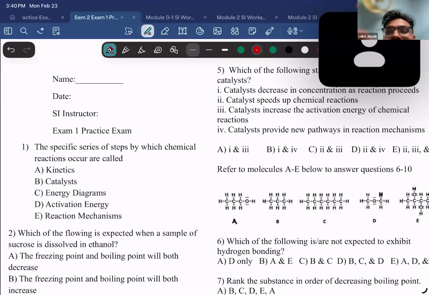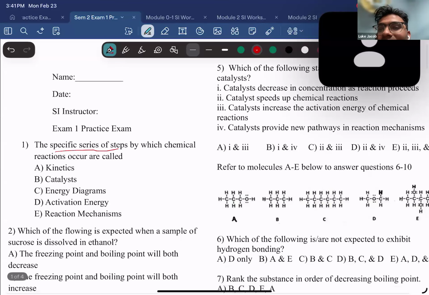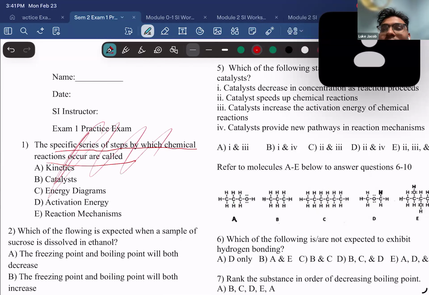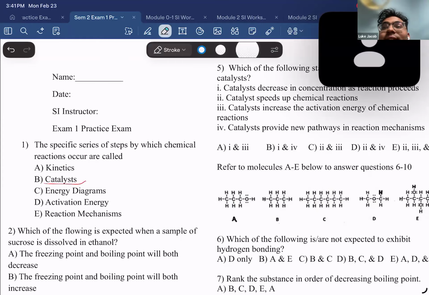Okay. The specific series of steps by which a chemical reaction occurs are called, right? This is just a concept. Kinetics is too broad. Catalyst, we know that decreases the activation energy of a reaction.